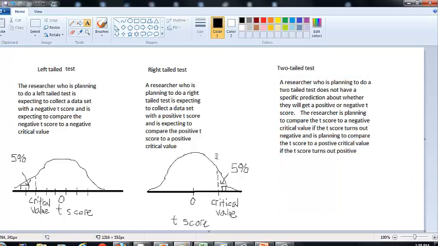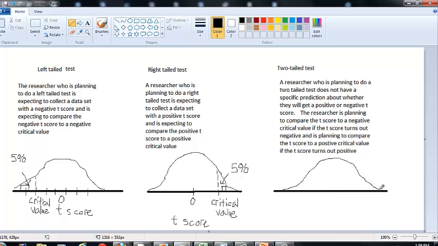So a person who's doing a two-tailed test doesn't feel confident, or doesn't feel very sure about whether they're going to get a negative or a positive t-score. So what that person doing a two-tailed test is going to do is just wait to see if they end up getting a positive or a negative t-score.